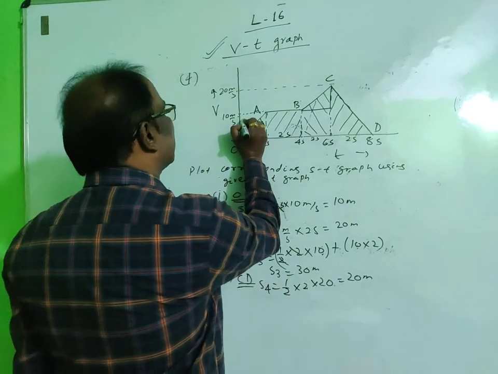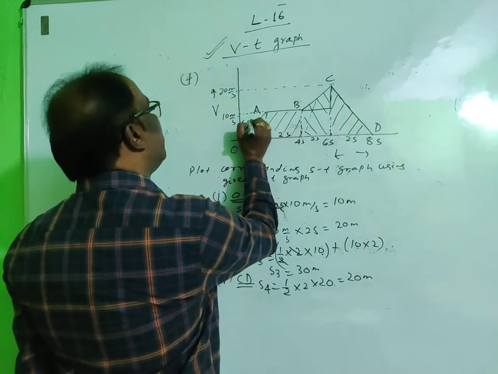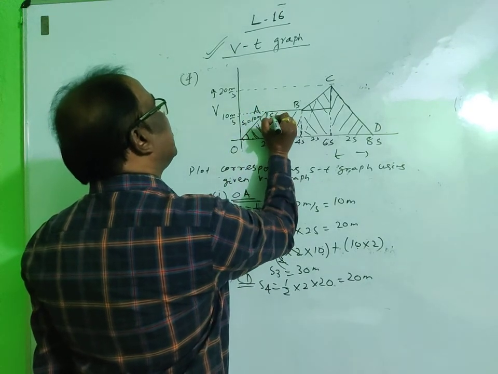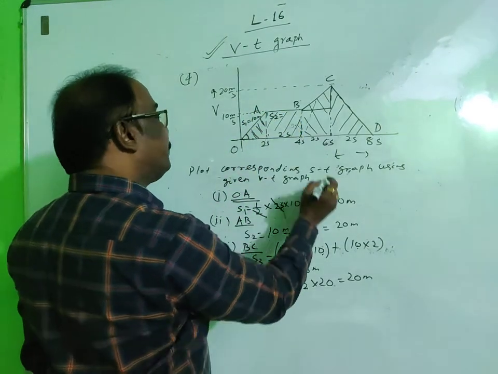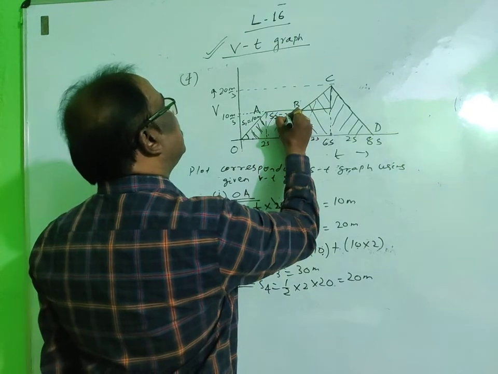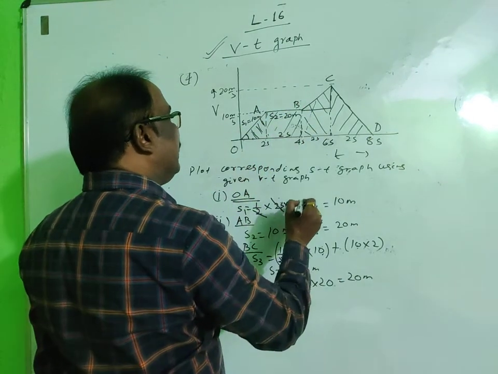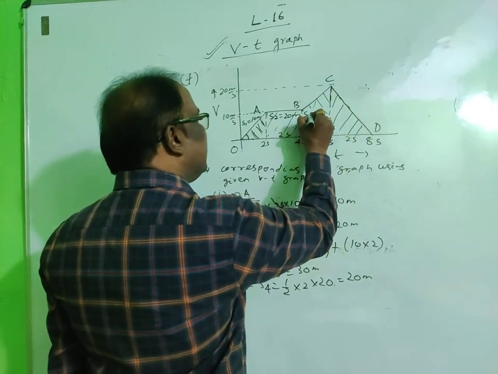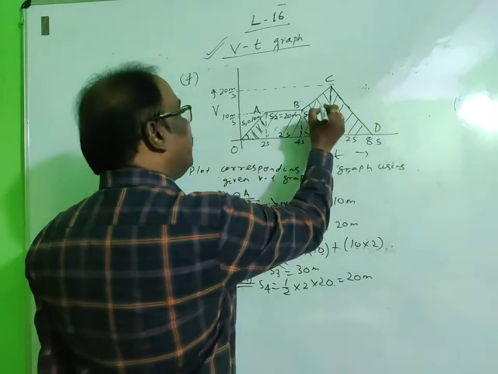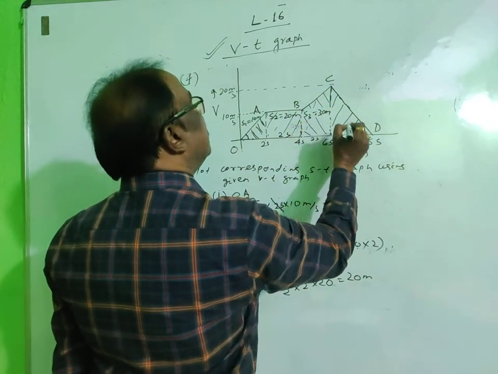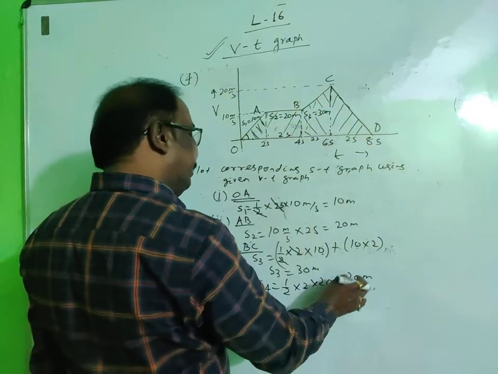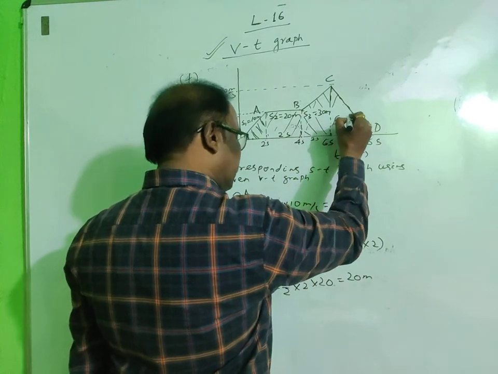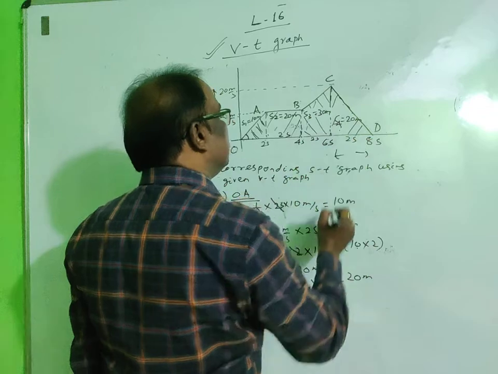I am writing here: distance S1 is equal to 10 meter, S2 is equal to 20 meter in the region AB, in the region BC distance S3 is equal to 30 meter, and in the region CD S4 is equal to 20 meters.